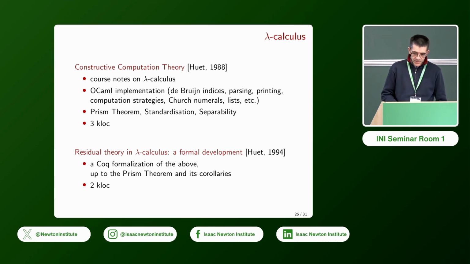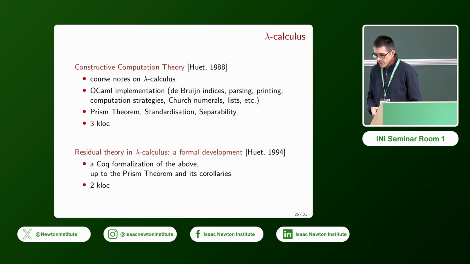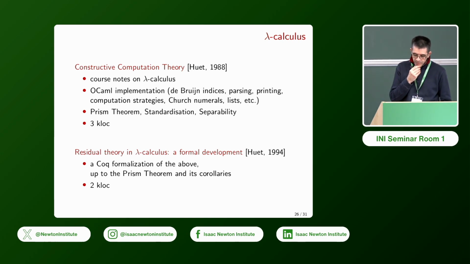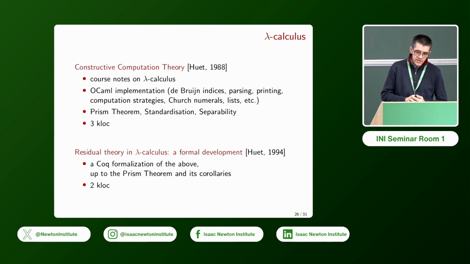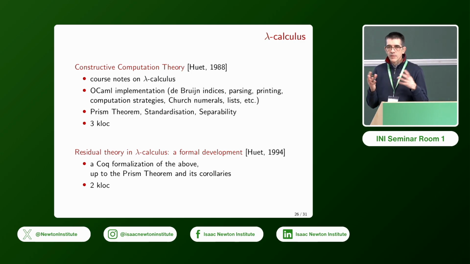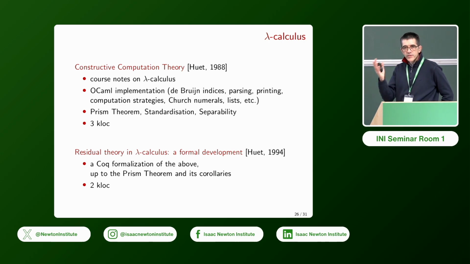So I took a proof that Gérard did a long time ago with Coq. Before doing that, in the 80s, Gérard gave a lambda calculus course at various places, in summer schools and universities, where all the lambda calculus notions were programmed in the OCaml programming language. You define the lambda terms with De Bruijn indices, and you program a lot of things like reduction, parsing, printing, and you implement various computation strategies.